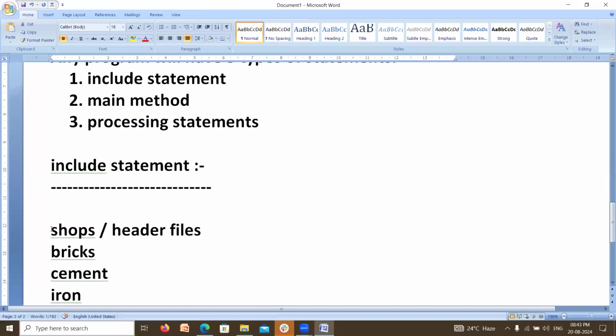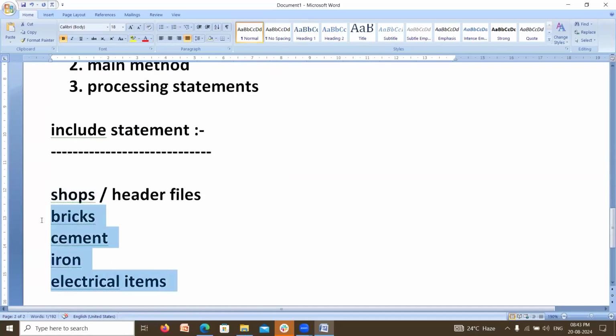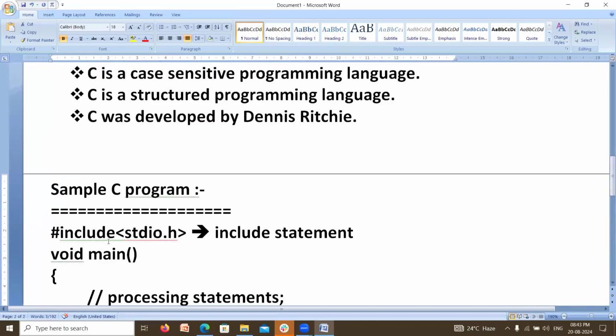So many items are available in shops. First, what to do? We need to go to the shop, purchase, pay the money, and bring them to our house. In the same manner, so many tools are available in this header file. We need to copy the tools available in this header file into your program. For that, I am writing this line of code.